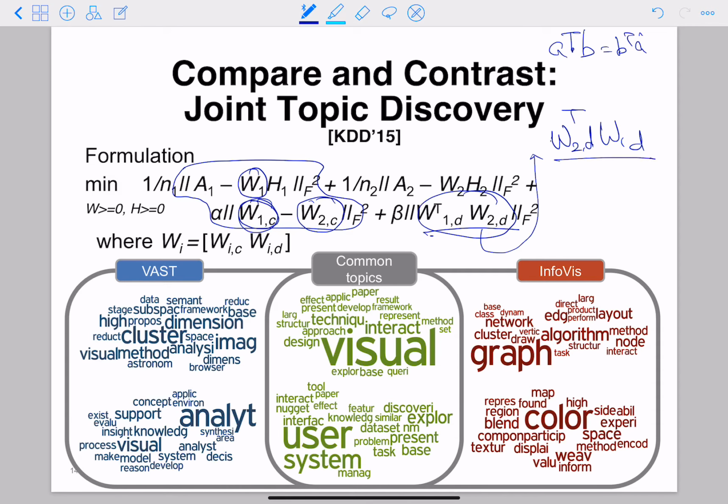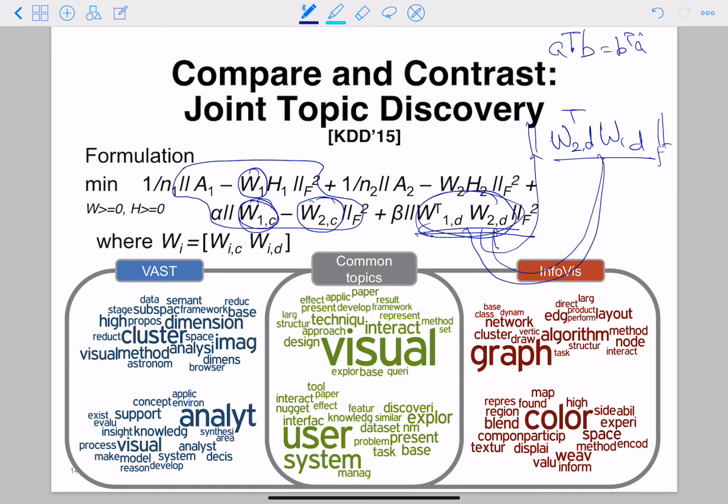Although this matrix and this matrix are totally different, in terms of a Frobenius norm, we just take the square of each element and then sum them up. So from the Frobenius norm sense, the Frobenius norm of this matrix A is the same as the Frobenius norm of its transpose version, right?